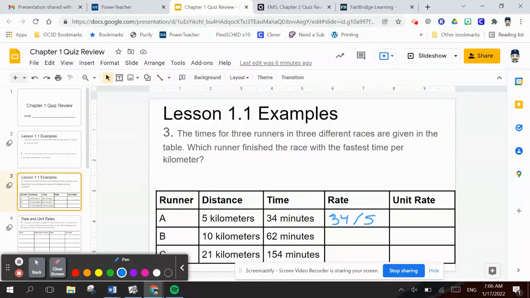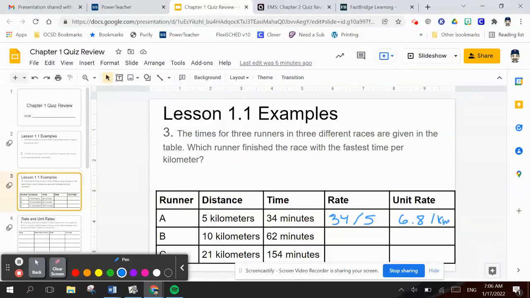What I need to do is divide that. So 34 divided by 5 gives me 6.8. I'm sorry, 6.8 minutes for 1 kilometer.